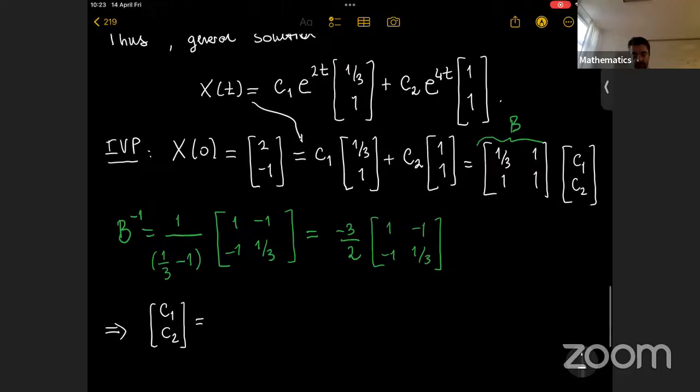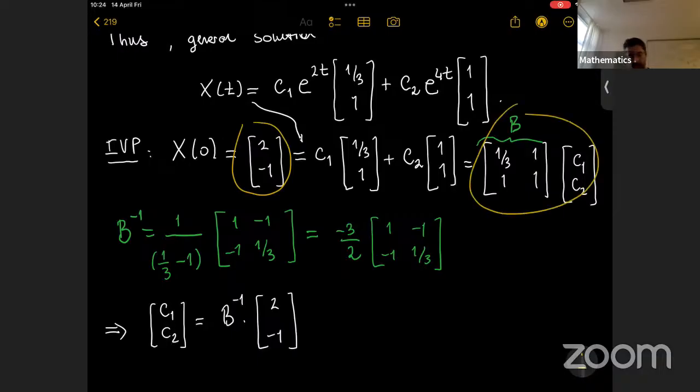C1, C2 becomes B inverse times (2, -1). So we take B to the other side, and we have this.